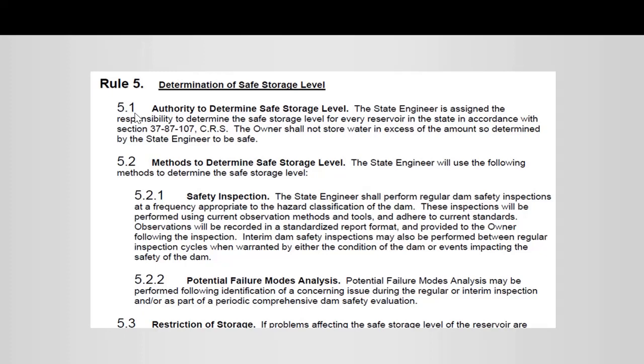Rule 5.2 is state engineers' methods for determining safe storage level for existing dams. And then 5.2.1 is our normal safety inspection process, just inspecting dams, looking at performance history. 5.2.2 is this potential failure mode analysis, which we use for risk-informed decision making for safety evaluation of existing dams.